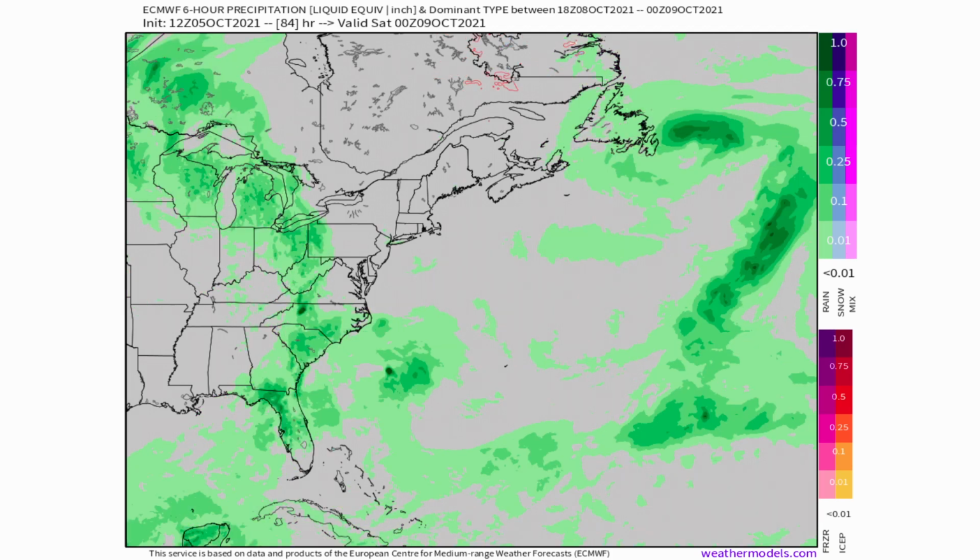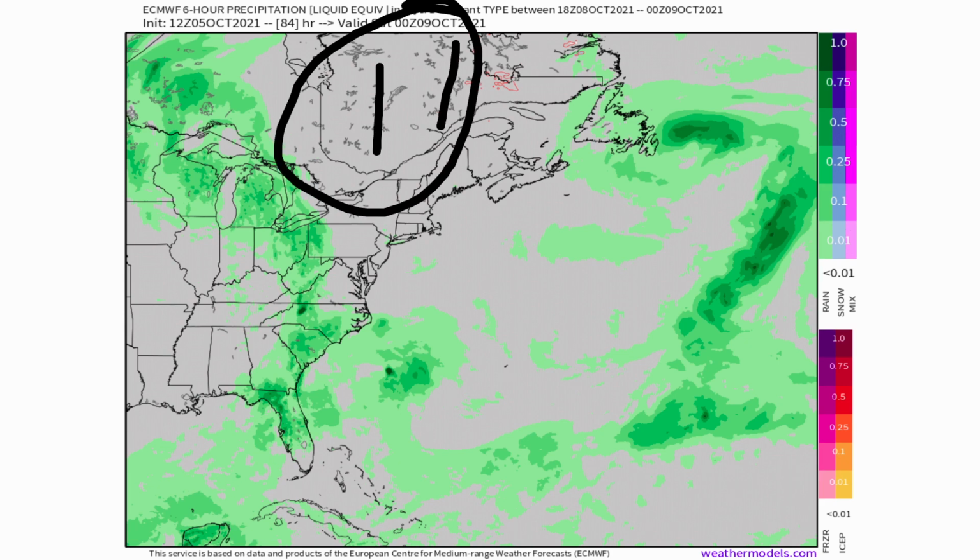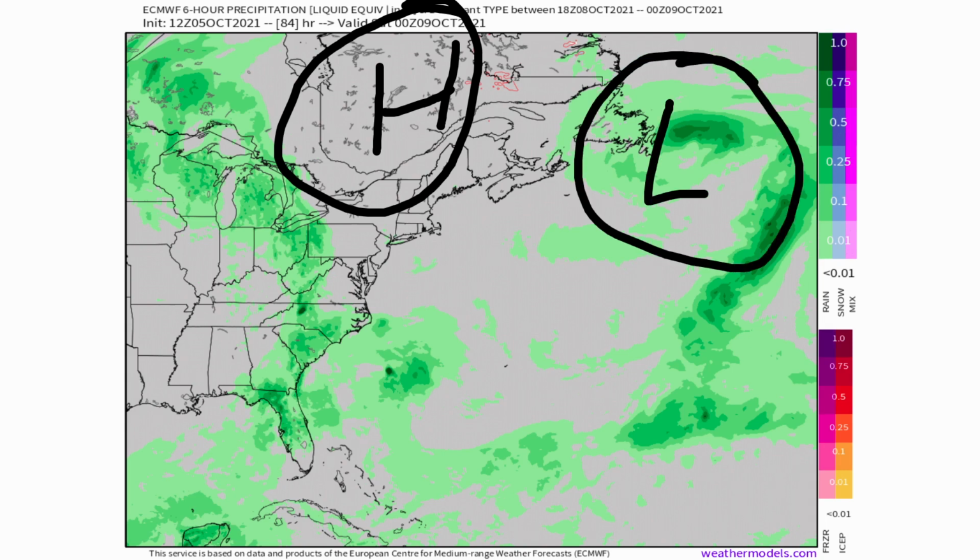Here would be by Friday night, and you can see that this storm is now starting to kind of just slow down and barely inching itself away from the eastern United States. We have high pressure lingering up into eastern Canada, and then we have low pressure, which is up into the northern Atlantic.